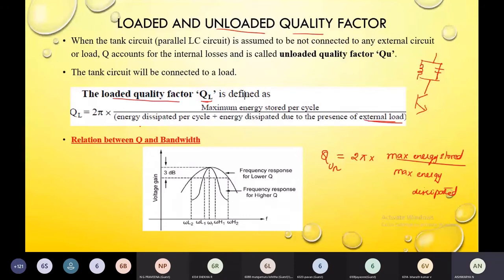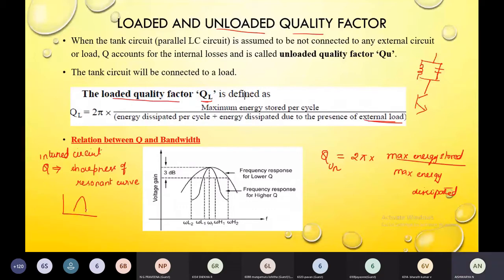In tuned circuits, your quality factor indicates the sharpness of the resonant curve. In a tuned circuit, how should my graph look? It should have a narrow bandwidth, correct?